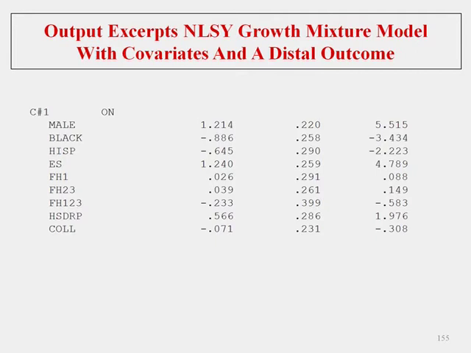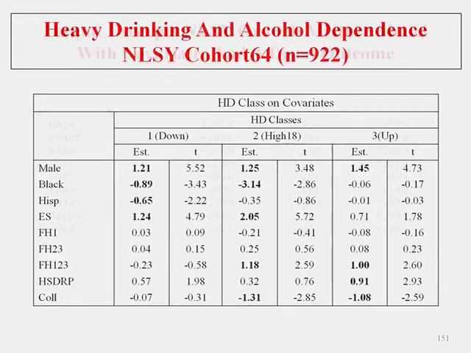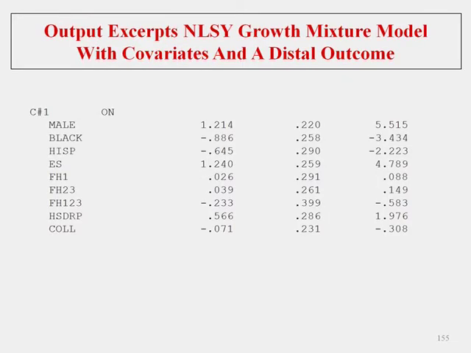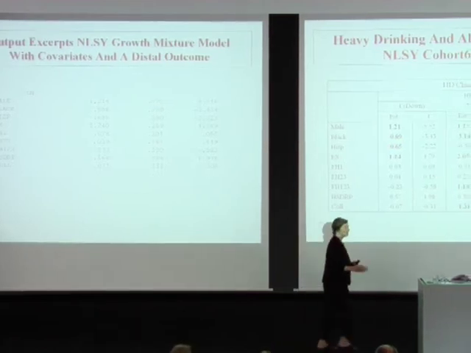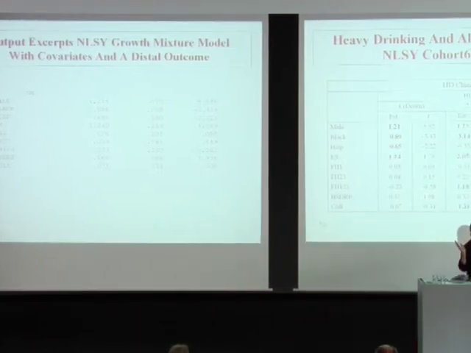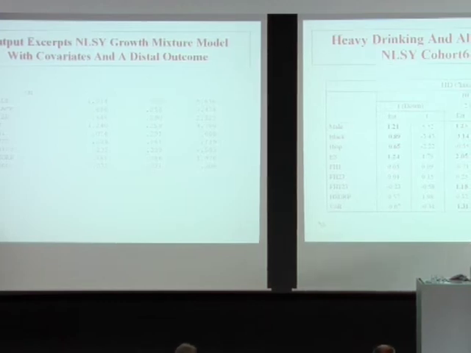But now here are where we get the results. So, for example, here, this is class number 1 on the covariates, 1.214, 1.21, negative 0.89, negative 0.89. So we take the values in that table from the multinomial logistic regression results in the output.